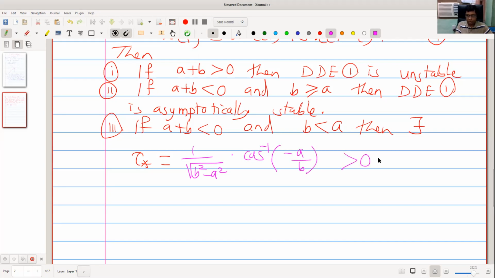Of course, this is a positive number because a plus b is negative and b is less than a. We are taking here the positive square root. Okay. And cos inverse is between 0 and pi.